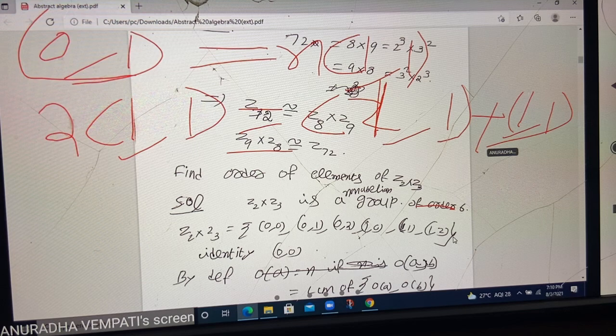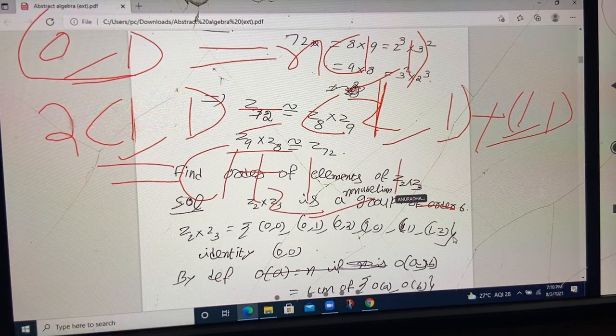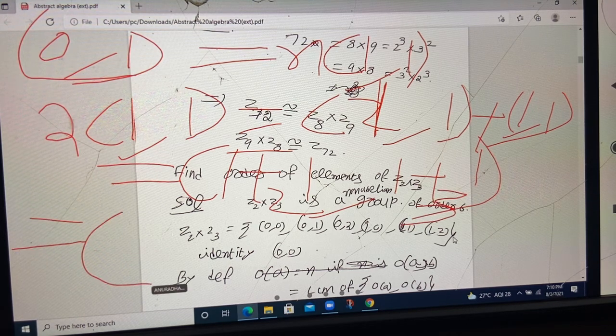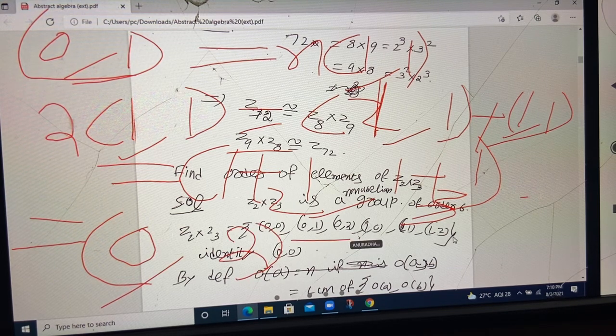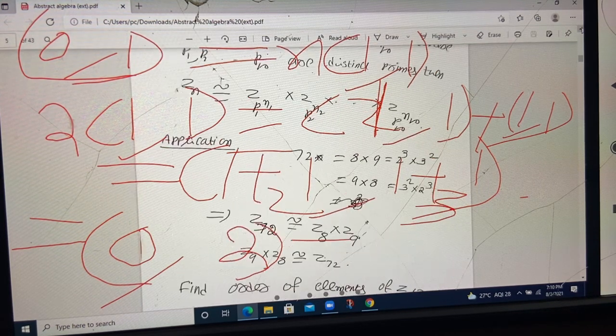Because it is MCQ, I am skipping the detail: 1 plus 1 under modulo 2, 1 plus 1 under modulo 3. 1 plus 1 is 2, 2 under modulo 2 is 0. 2 under modulo 3 is 2, so 2 into (1, 1) is (0, 2). In Z2 cross Z3, is (0, 2) there?